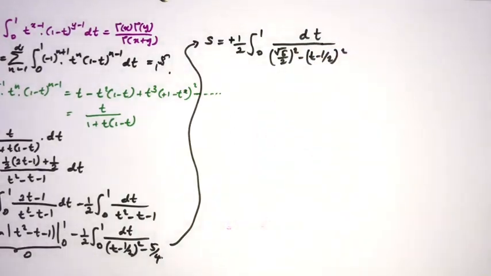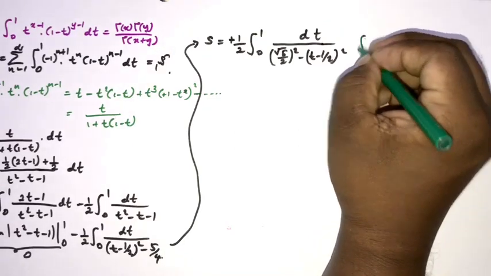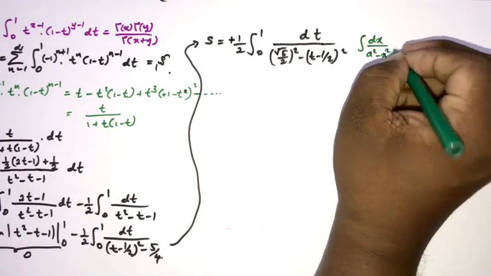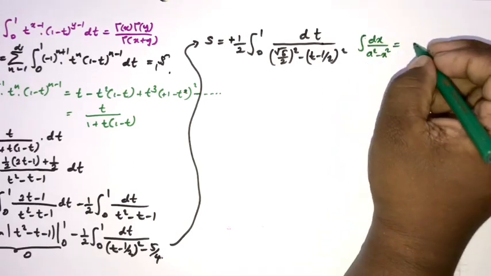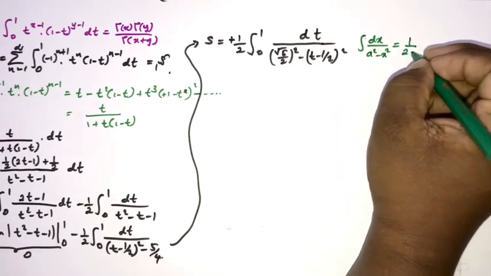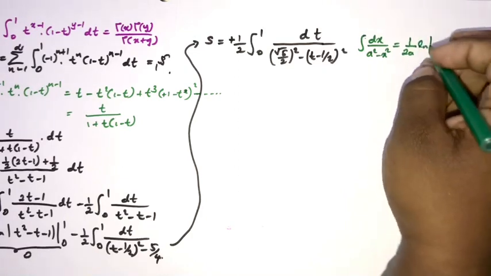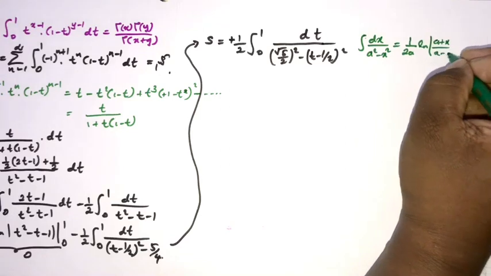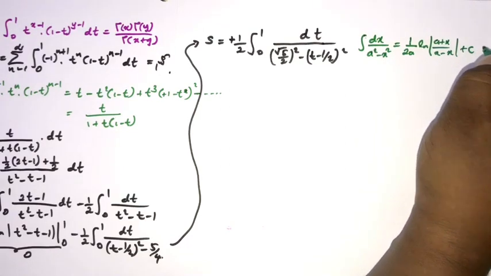Okay, then we know if we have the integral dx over a squared minus x squared, this is equal to 1 over 2a times natural log of (a plus x) over (a minus x) plus c.